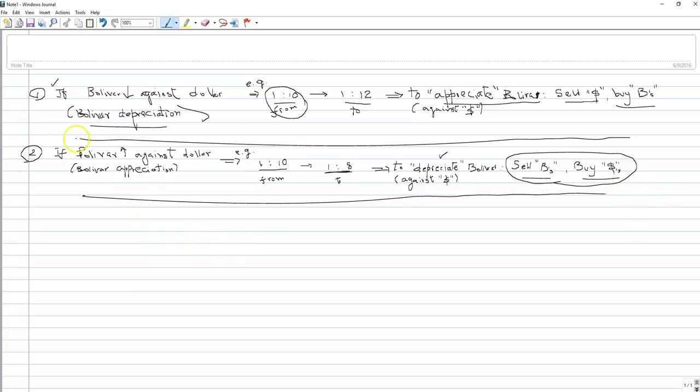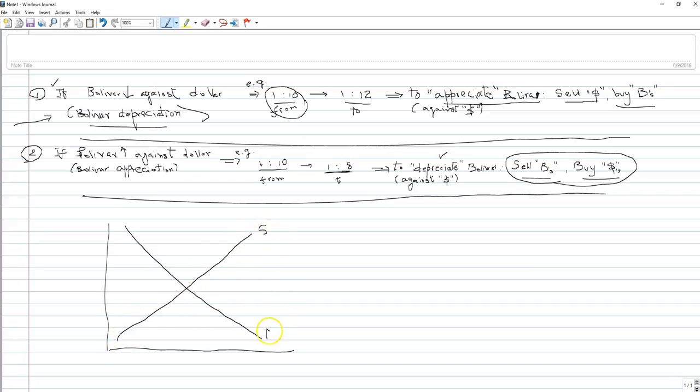Now, the situation that is shown here on the first case can be depicted here in a graph. Somehow the new exchange rate between the dollar, these are the amounts of dollars on the horizontal axis, and this is the price of dollars in Bolivars.